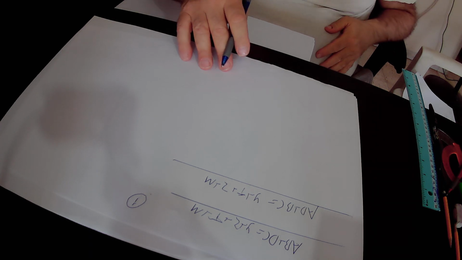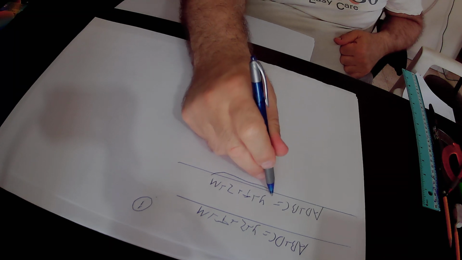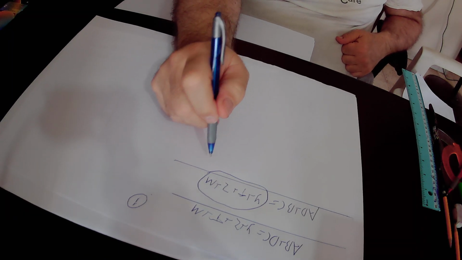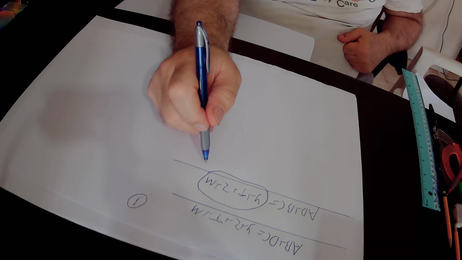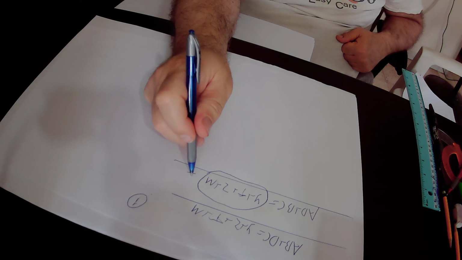So here you can change the order of these variables according to the algebraic identity that a plus b equals b plus a.